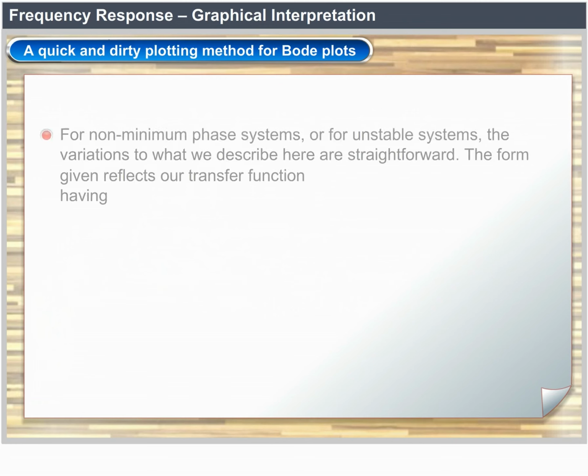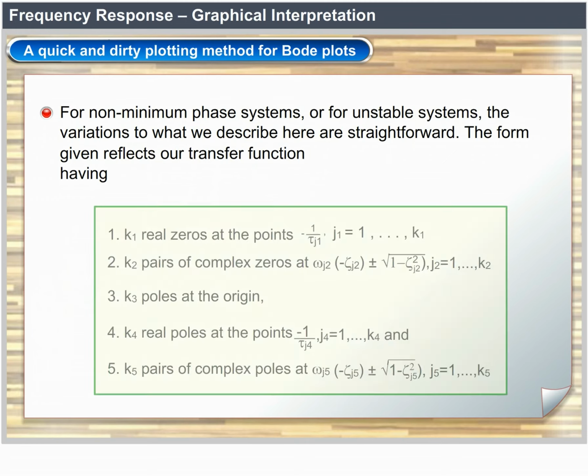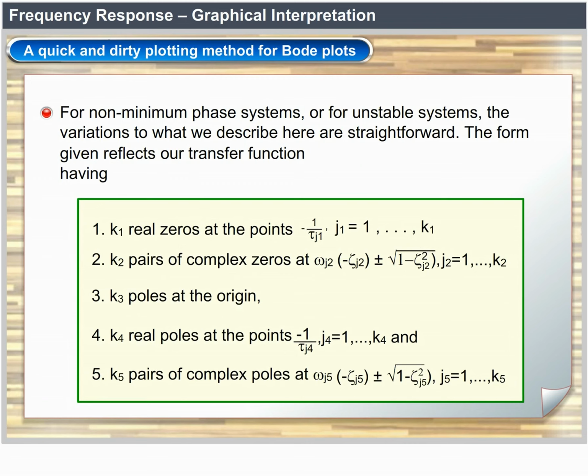For non-minimum phase systems or for unstable systems, the variations to what we describe here are straightforward. The form given reflects our transfer function having: number 1, K1 real zeros at the points −1/T_j1, j1 = 1, etc., K1. Number 2, K2 pairs of complex zeros at ω_j2 times (−ζ_j2 ± square root of 1 − ζ_j2²), j2 = 1, etc., K2.